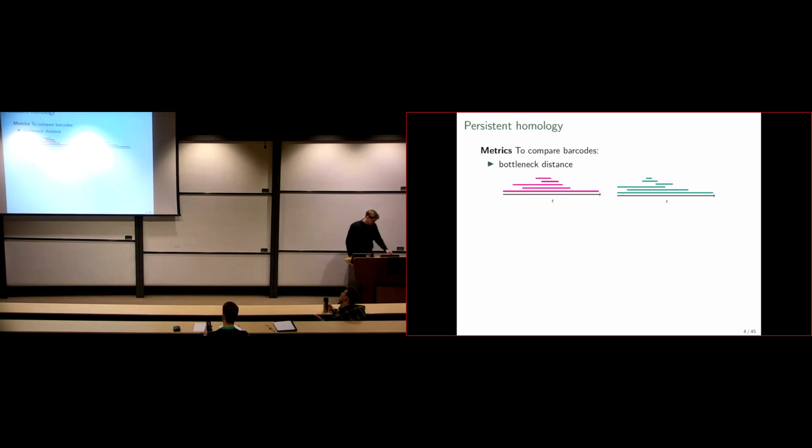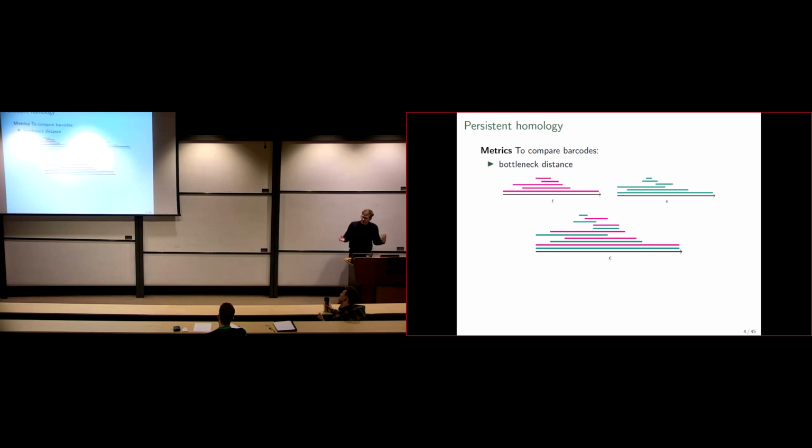All right. So to compute the bottleneck distance, we simply match the bars of our two barcodes. So the pink one here, that's one barcode you have. So you have one set of data points that you compute the filtration and the barcode for, and you end up with this. And on the right here you have another set of data points that you compute the filtration and the barcode for, and it ends up looking like this.